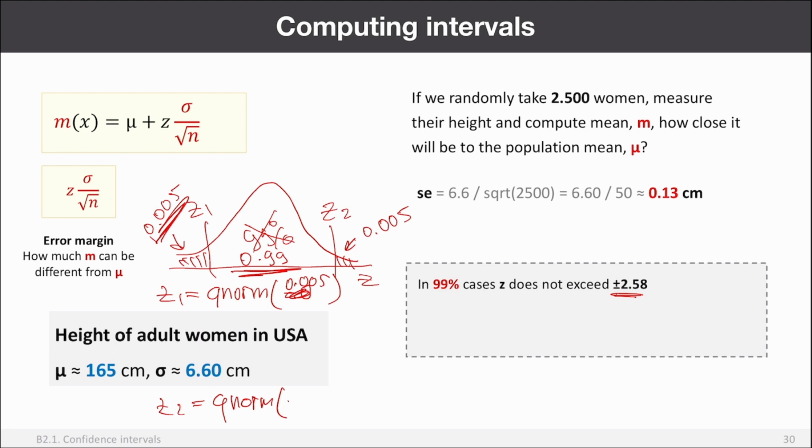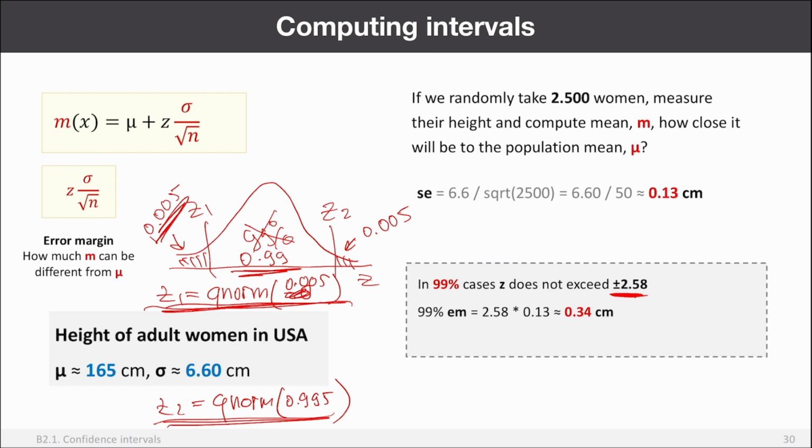So it gives me 0.995. And if you run this or this in R, this will give you minus 2.58, and this will give you 2.58. I recommend you to check it, but I will continue meanwhile. So these are my boundaries of the Z-score. I know that if I take 99% of the most common cases, the Z-score is bounded by these two values, minus and plus 2.58. Now I can compute the error margin.